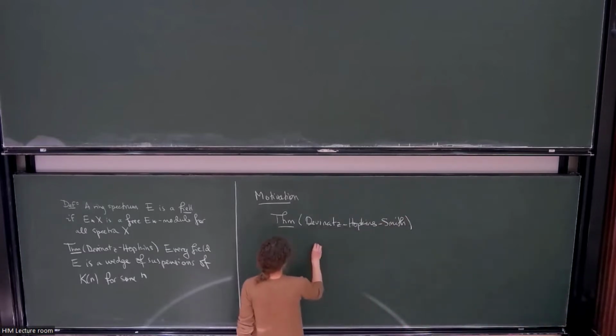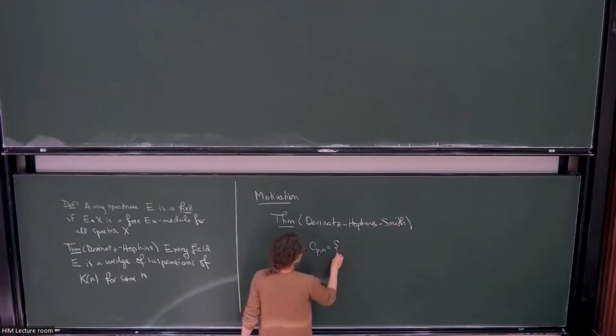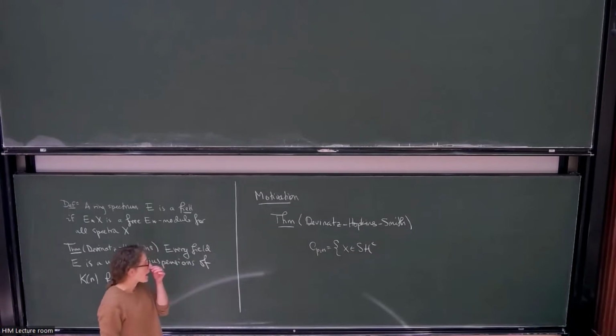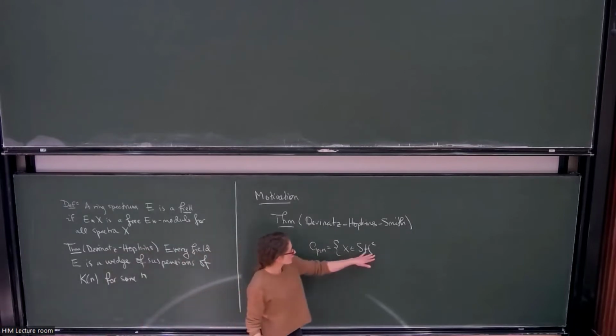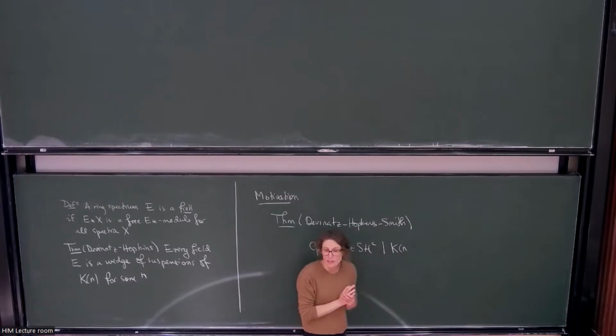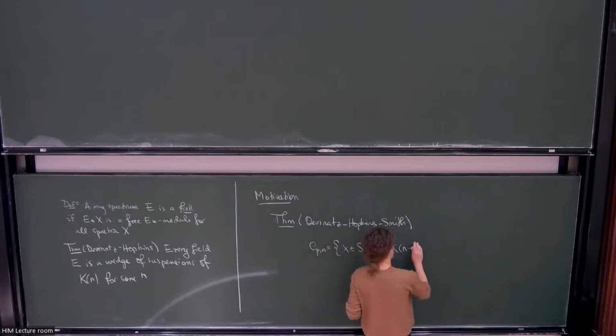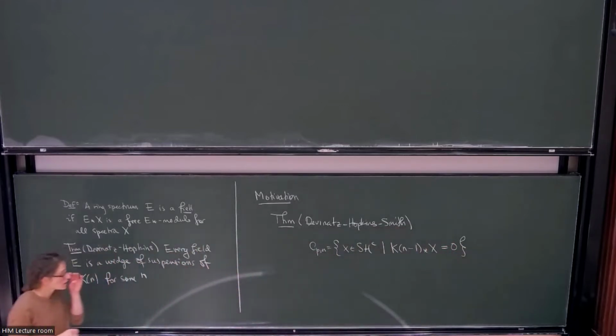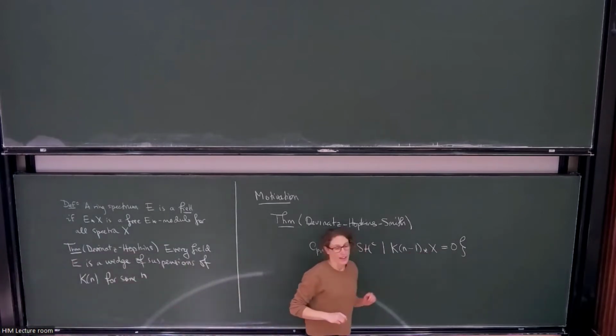So I want to define C_{p,n} to be the X's in the category of finite spectra, so you restrict to the compact objects. For each p, I have a Morava K-theory. I want to look at the subcategory where the Kn cohomology of X vanishes.